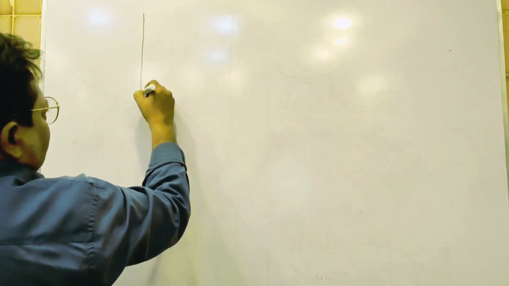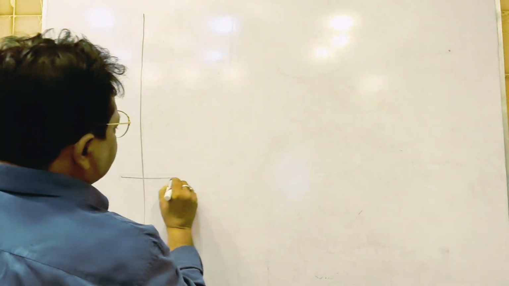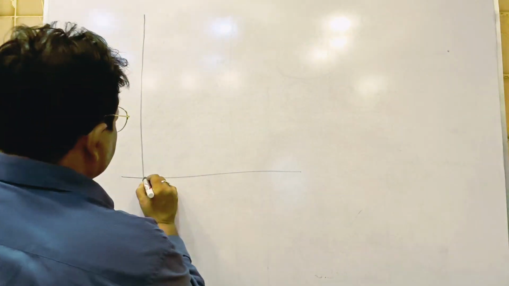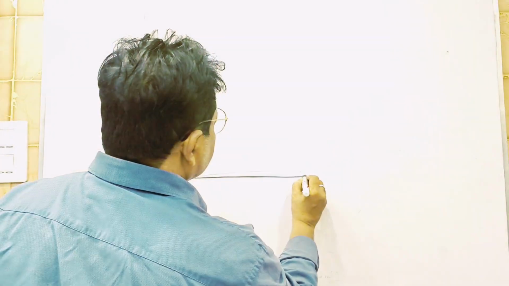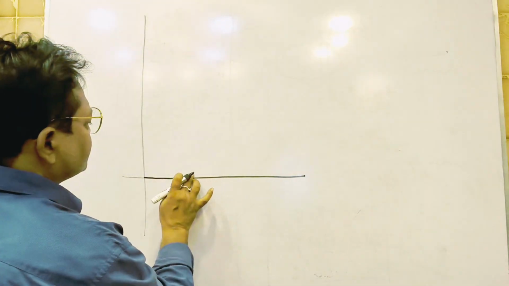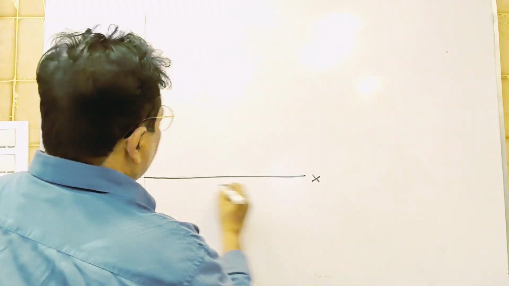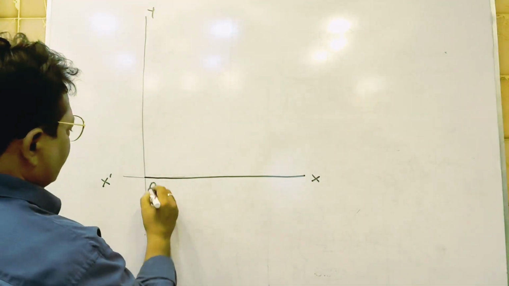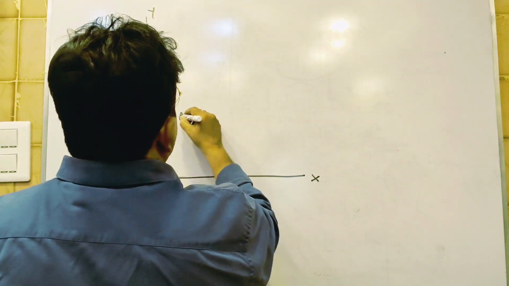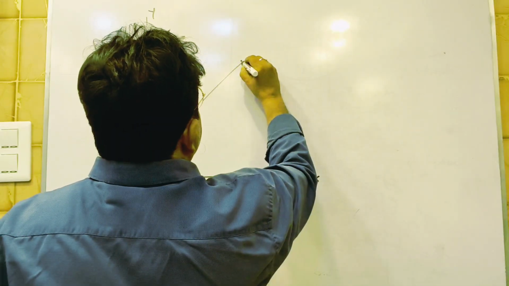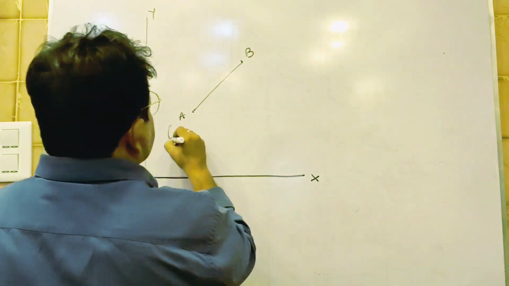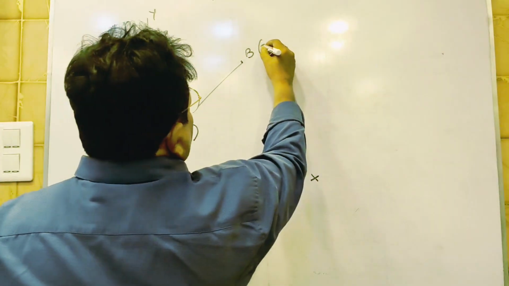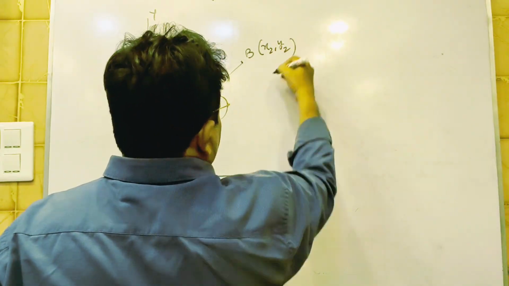Suppose this is the coordinate system, X O X dash and Y O Y dash. Here there are two points, suppose A and B. Suppose A has coordinates x1, y1, and B has coordinates x2, y2.